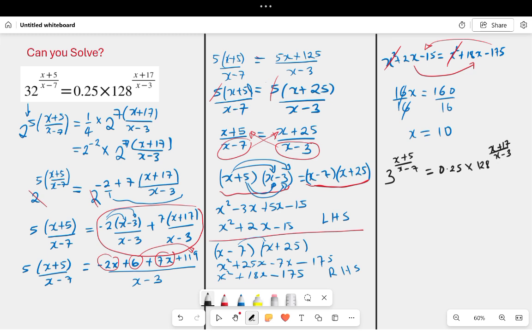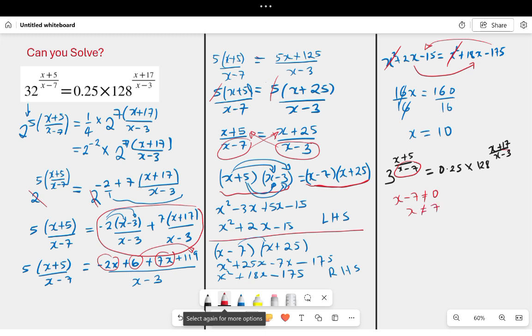Because the exponents or the powers over here are rational, for our solution to make sense, the denominator, in this case x minus 7, should never be equal to 0, which means x should never be equal to 7.